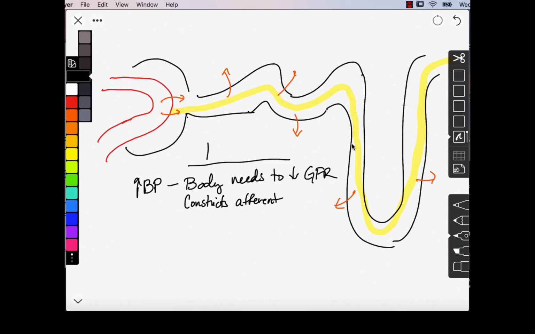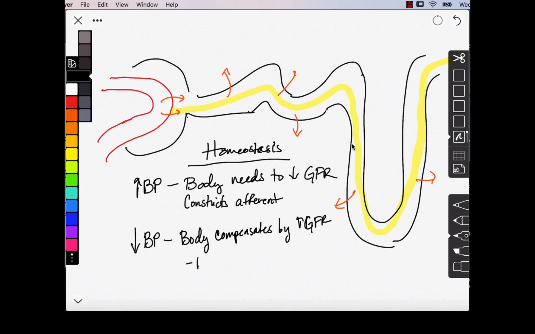And this is to maintain homeostasis. When your blood pressure decreases, and this could even be something as simple as laying down, your body compensates by increasing your GFR, and it can do this by dilating the afferent or constricting the efferent.